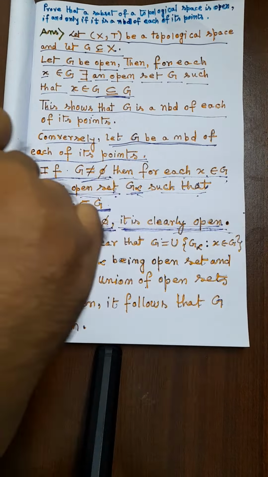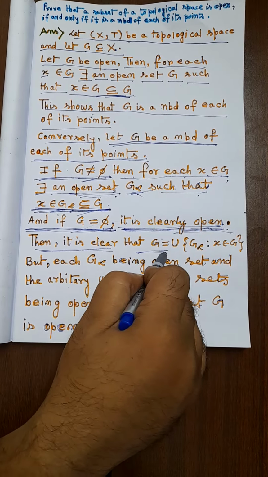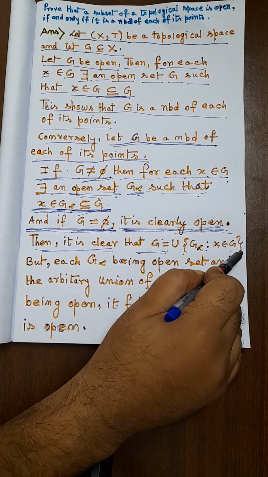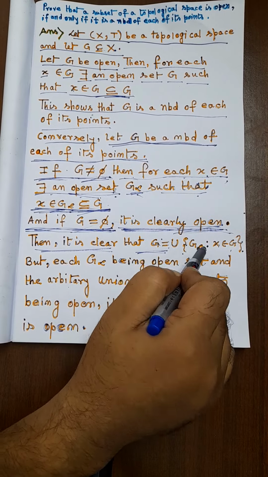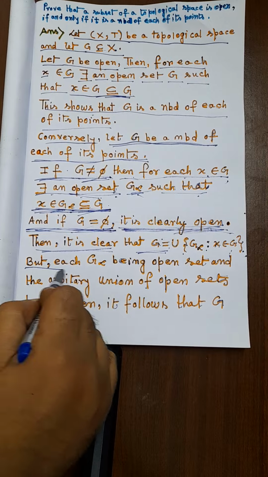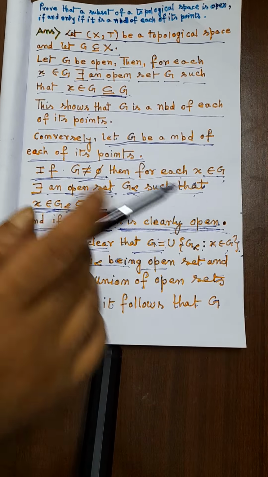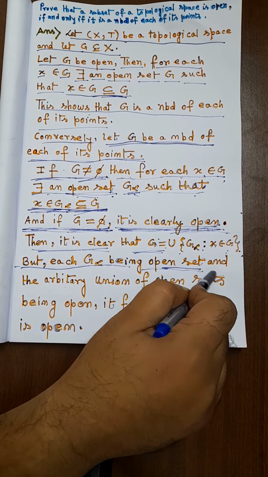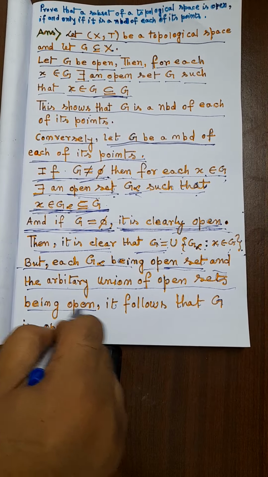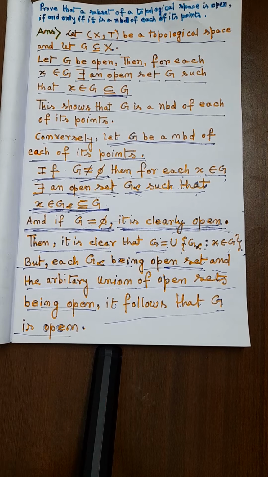Then it is clear that G equals the union of G alpha, where x belongs to G. But each G alpha being an open set, and the arbitrary union of open sets being open, it follows that G is open.